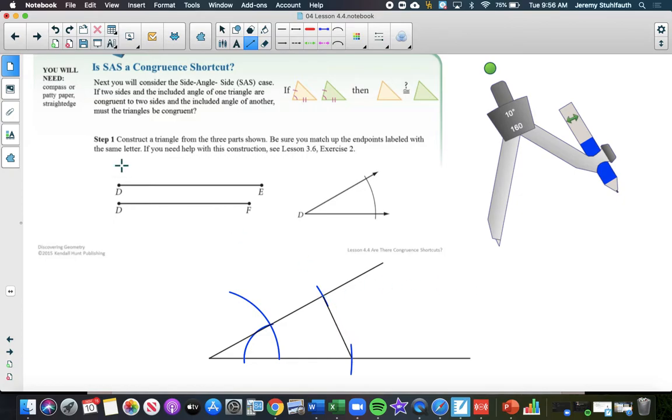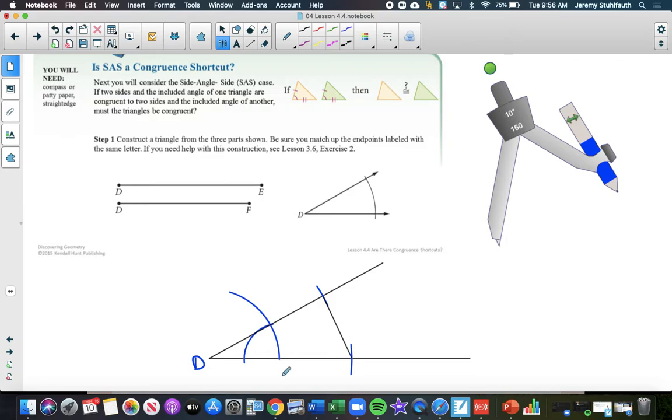So the question is, is this the only triangle that we can create that has this side, this angle, and this side as well? If we think about this, the only thing that's allowed to change, and let me write these in.